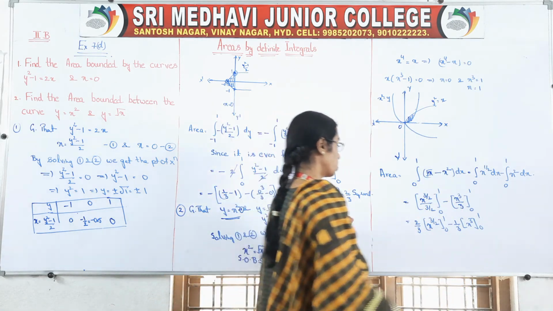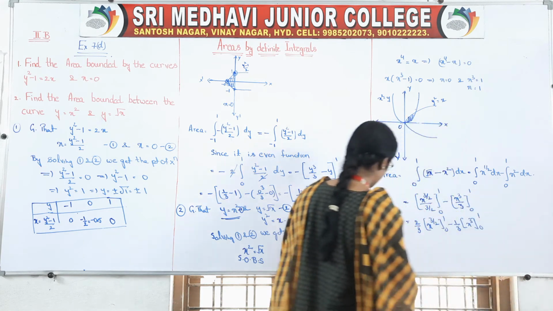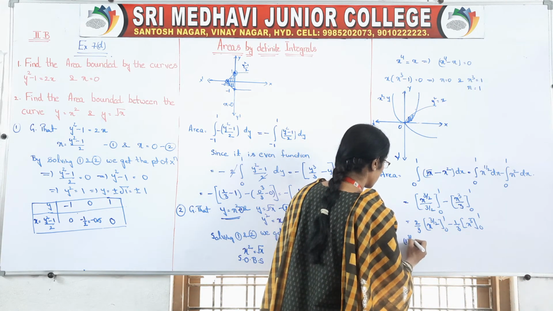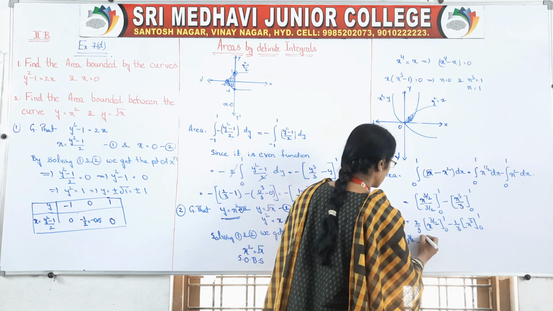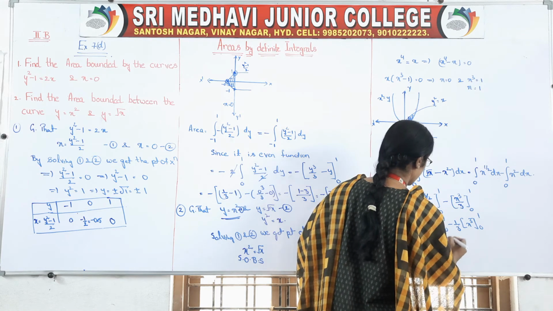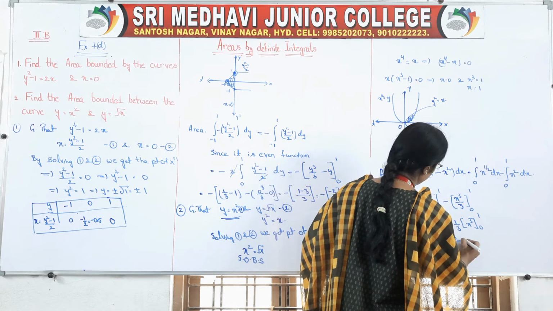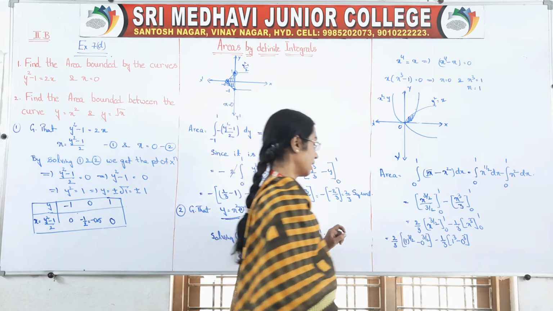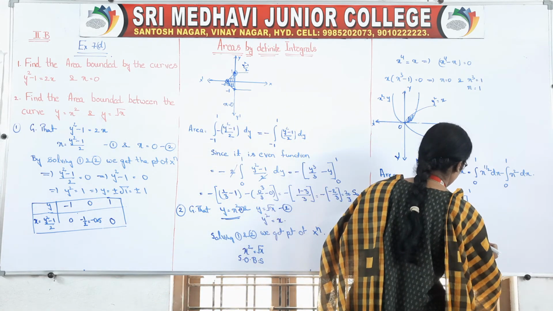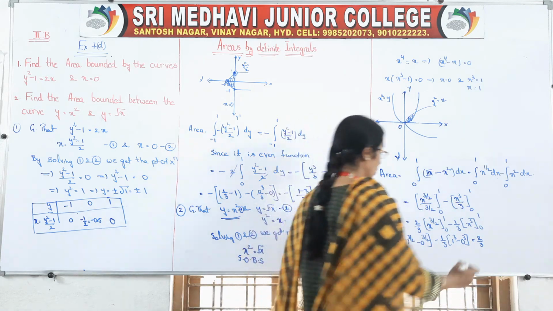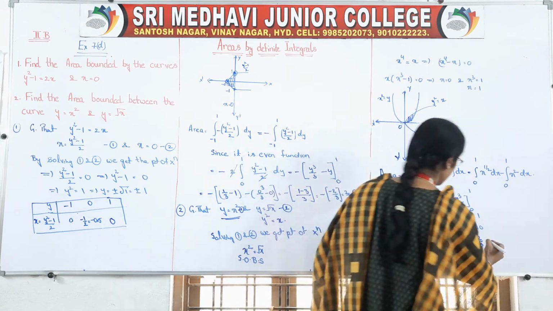So now substitute is equal to, it is 2 by 3, 1 to the power of 3 by 2 minus 0 to the power of 3 by 2 minus 1 by 3, 1 cube minus 0 cube. Okay, so this is nothing but, come on, it is 2 by 3. 1 to the power of any power is 1 only. So 1 into 2 by 3 is 1.